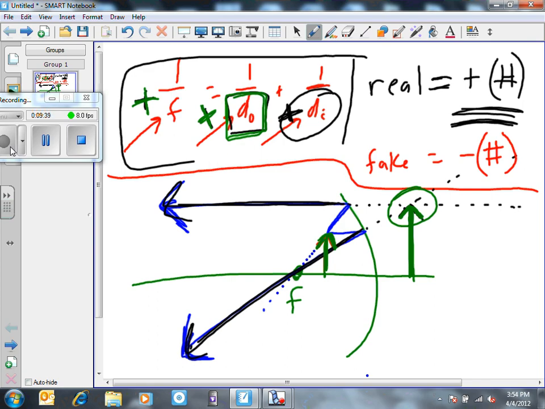That's why in the lab that we did on that last convex lens convex mirror we used, we only saw lights. We never saw an image on the screen. So this time, this number is a negative number because it's a fake image, so the distance number is fake. Okay.